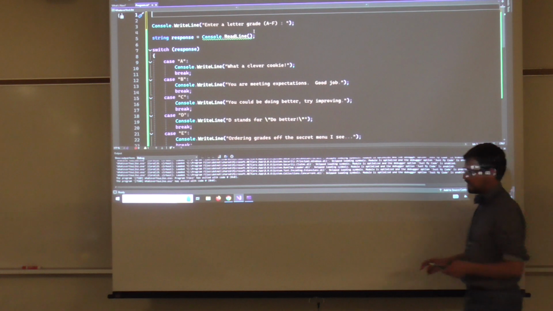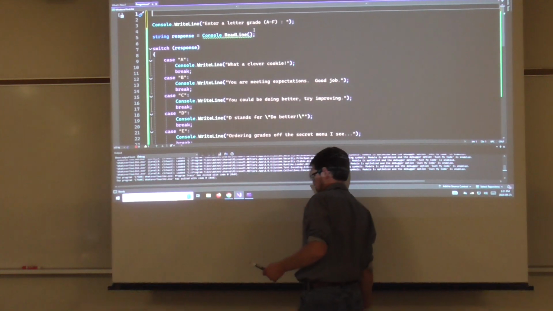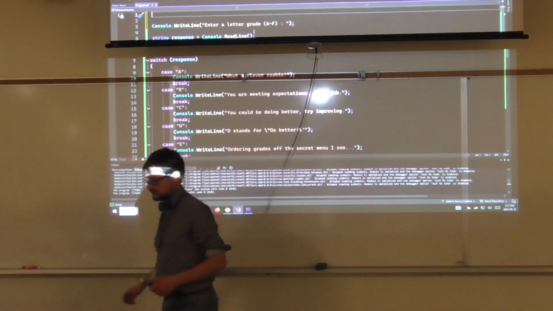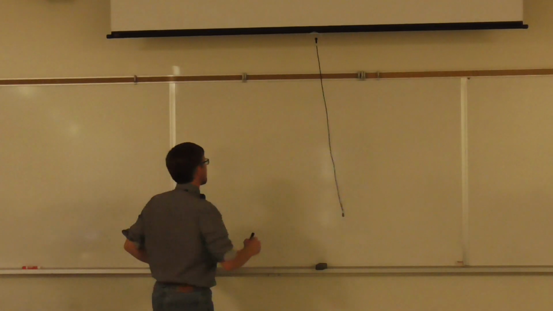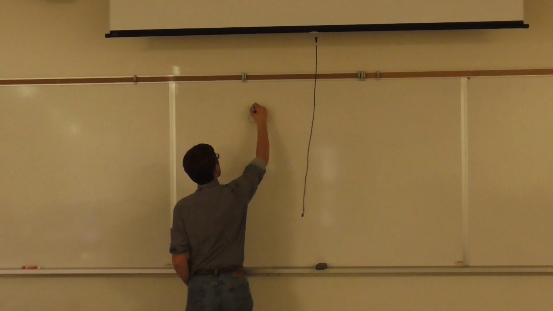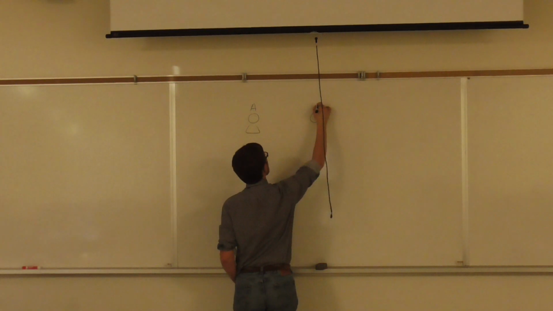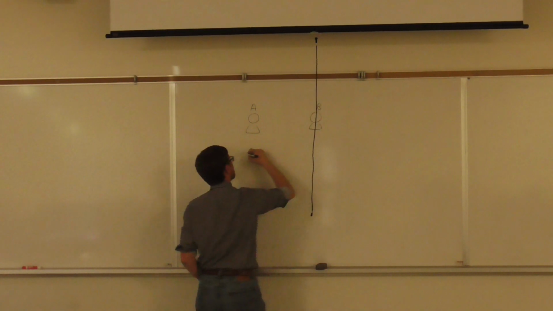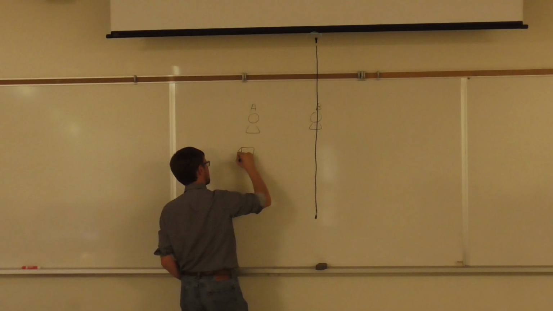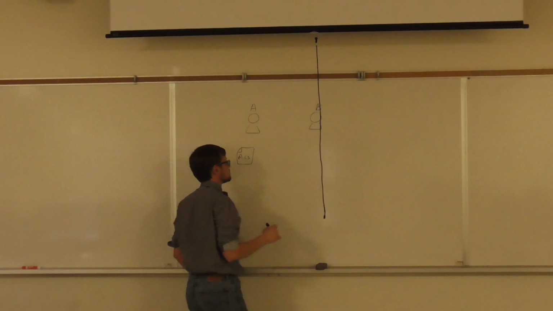Consider the following alternative scenario. Let's say that person A and person B, again, we have a.cs.